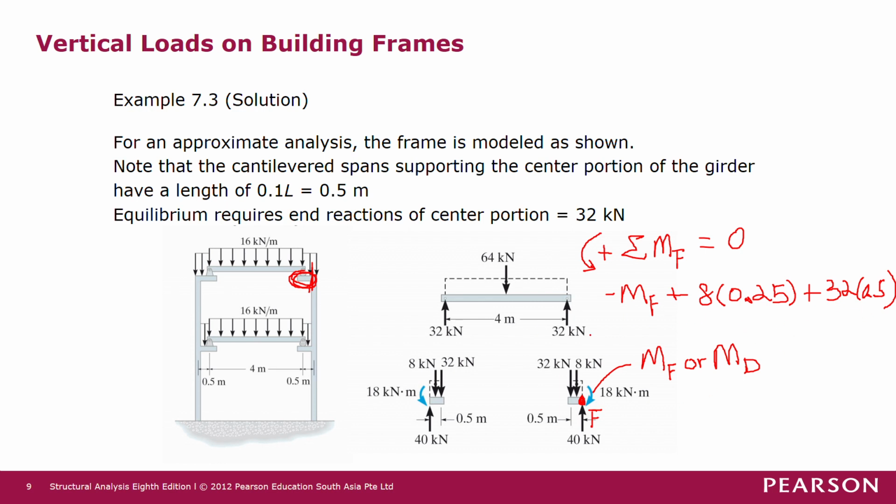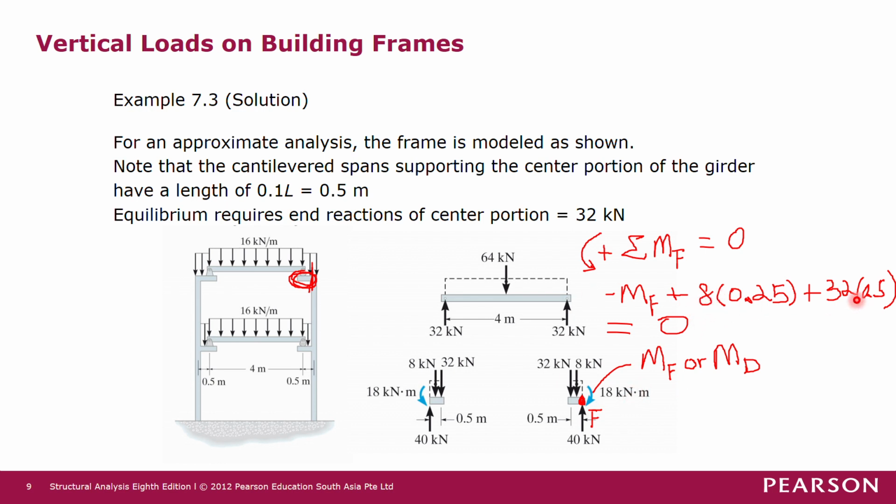Okay, so there is no other moment, so we equate this to 0. Okay, so from here, if we solve for MF, we will get MF equals 18 kilonewton meter.